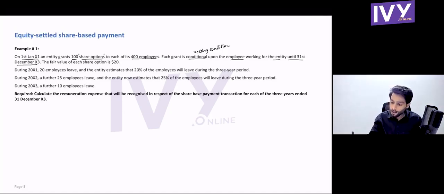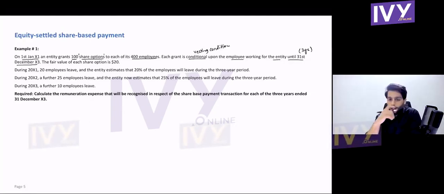Until 31st December X3 means that they are talking about 3 years, X1, X2 and X3. So the vesting condition is that the 400 employees that are being discussed here, each of them have to work for 3 years in order for them to get some new shares as a share-based payment. All right.